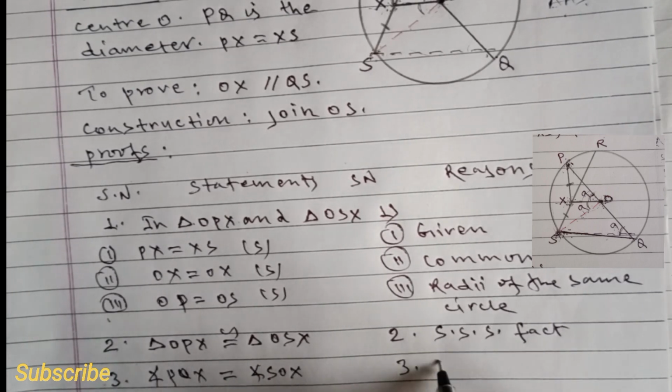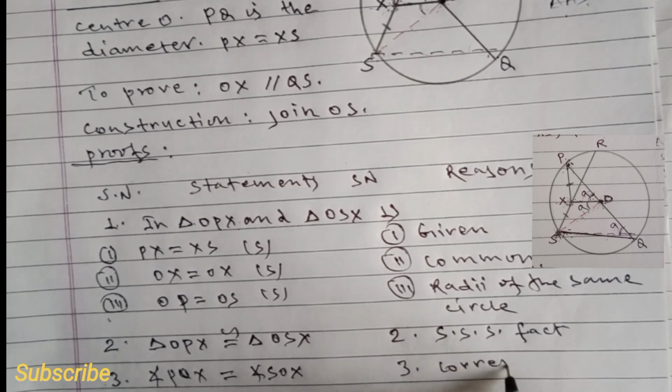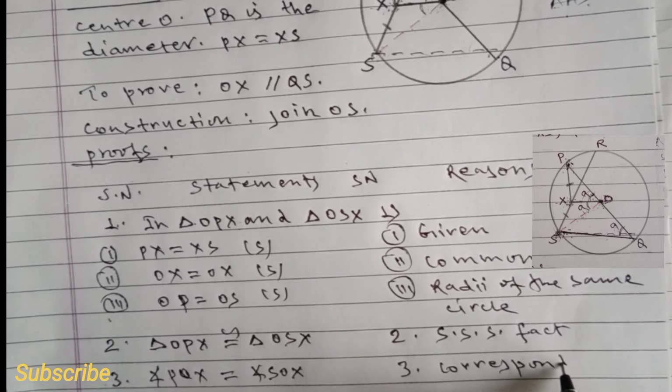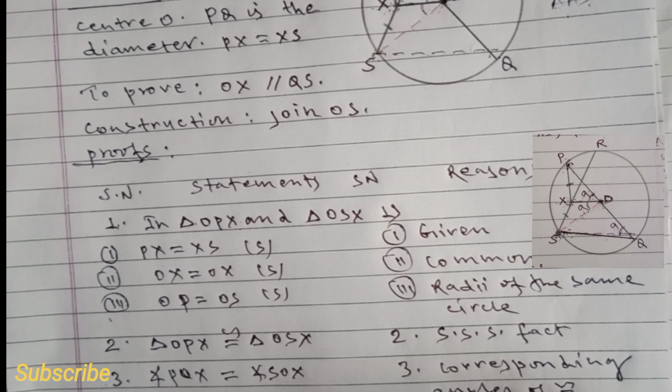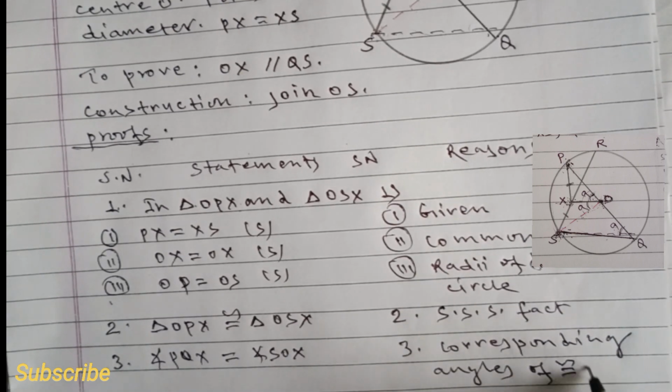The reason is corresponding angles of congruent triangles, with the symbol of congruent.